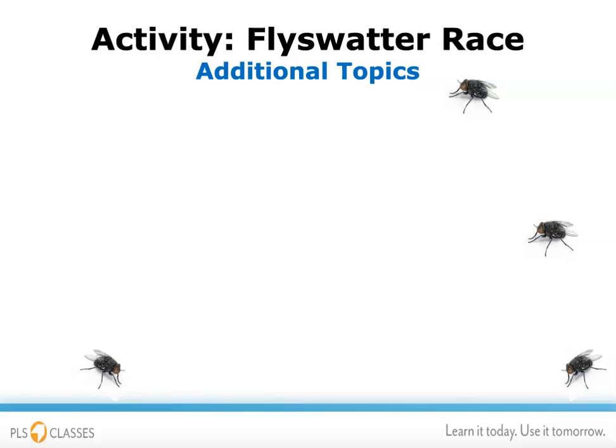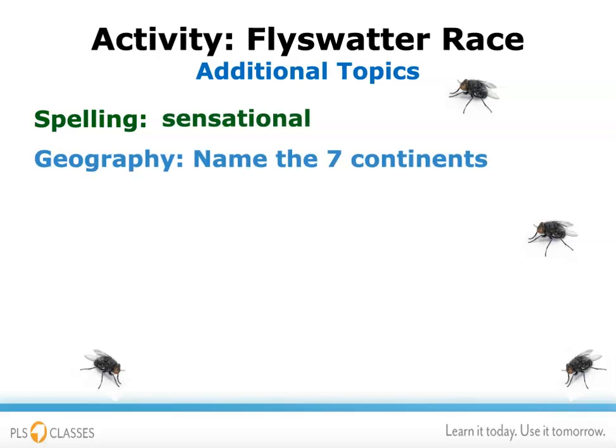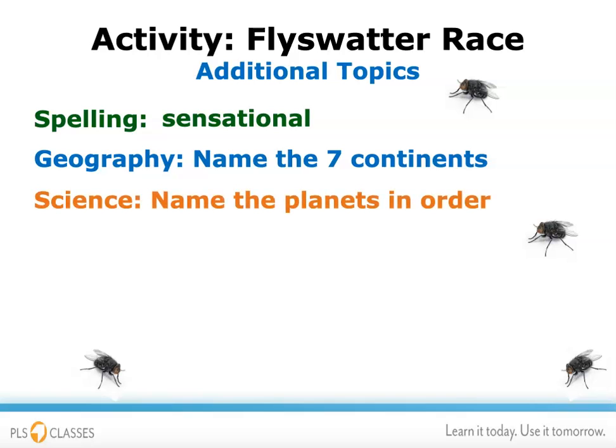Here are other options you could try for Flyswatter races. Spelling. You could encourage students to spell sensational. Geography. Name the 7 continents. Science. Name the planets in order.